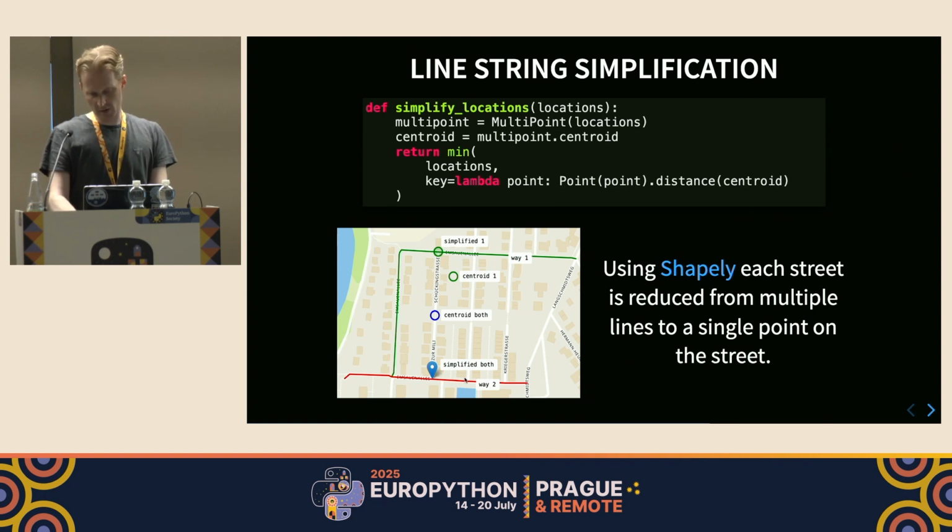Second, I repeated the same procedure for the red segment, and then finally I selected from both segments the point which is closest. And that provided me a single point describing that street.